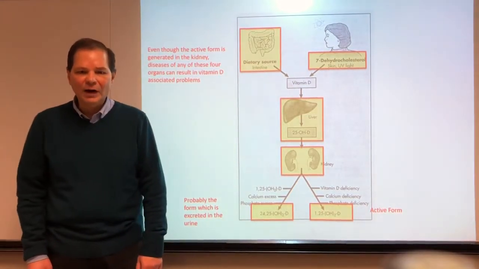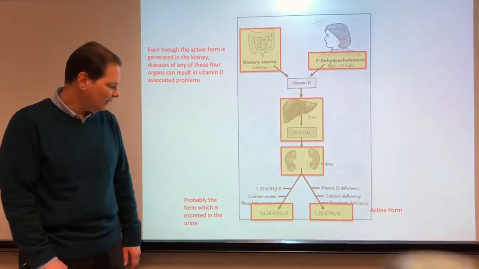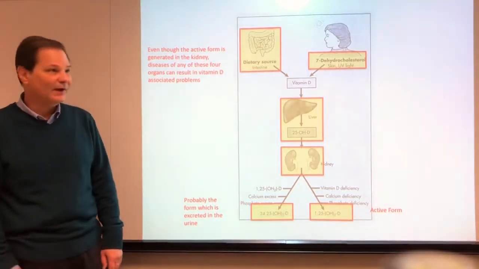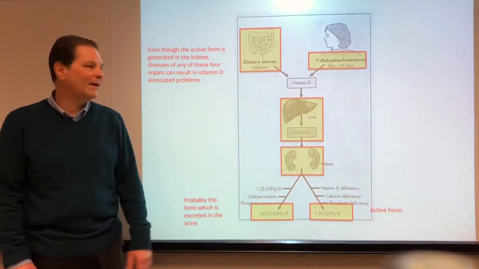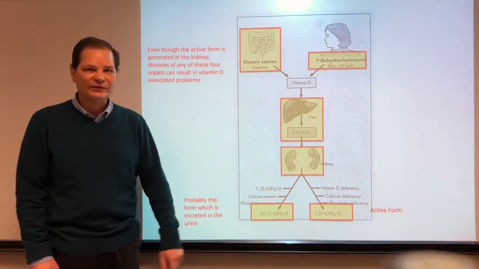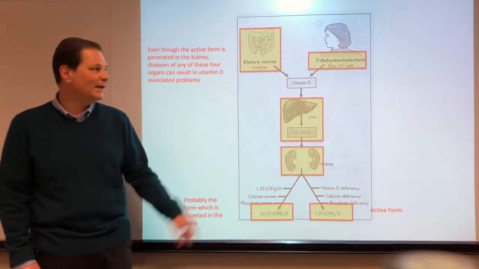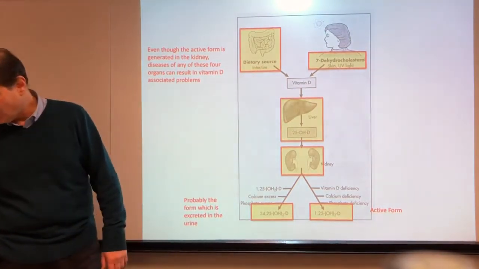So do bear that in mind, and that is the primary reason for emphasizing it and for producing this slide, to show you what may largely look like inconsequential steps when the important one is in the kidney. Disease of any of these can cause a problem.